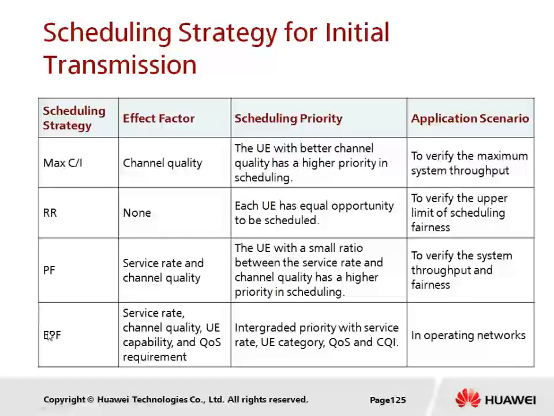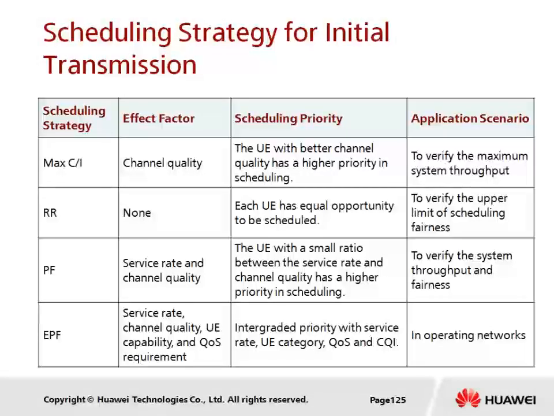Enhanced proportional fair is the most commonly used algorithm, where the system rate, the small r, is considered, the channel quality, which is the capital R, the UE capability, the GBR or AMBR, and the packet delay budget.